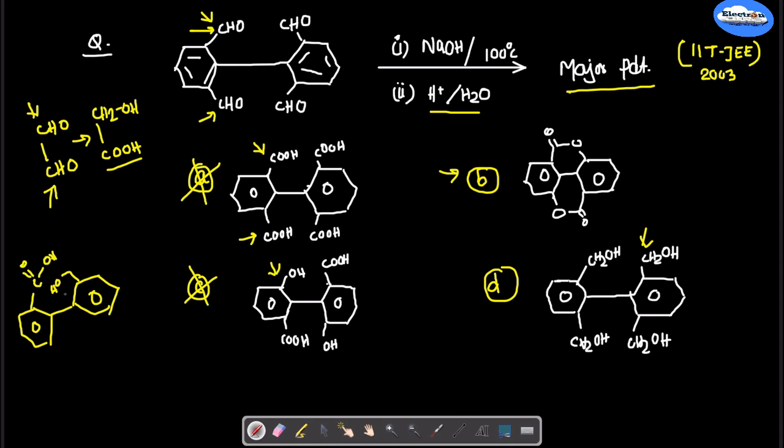Now if it is converted to the CH2OH group, and the other one is converted to the C double bonded O, OH group, that is the carboxylic acid group, then it might be possible for this OH to attack the carboxylic acid carbon, and OH will be eliminated, and like this the OH group can attack this carbonyl group, and further OH can be eliminated.